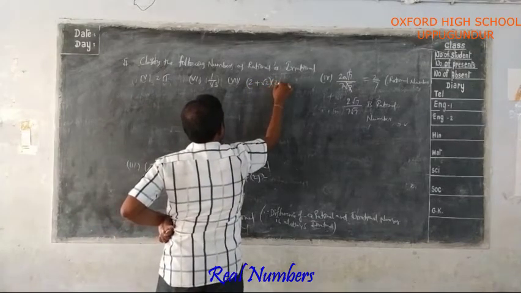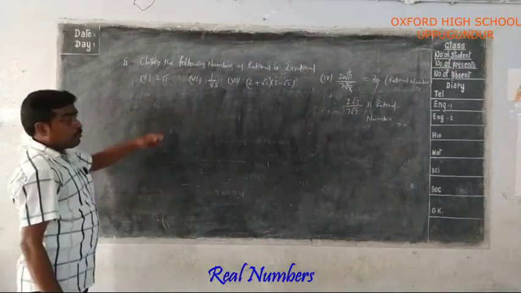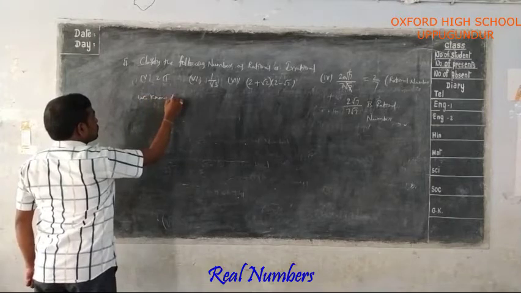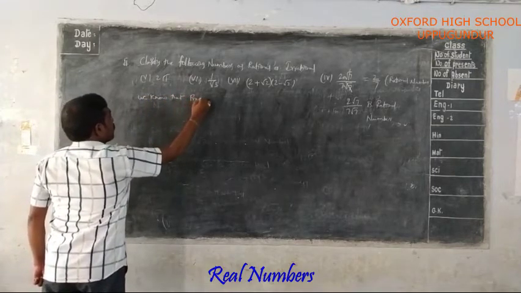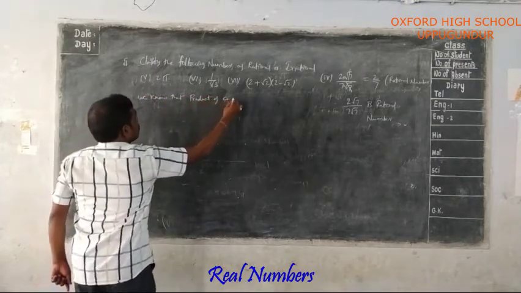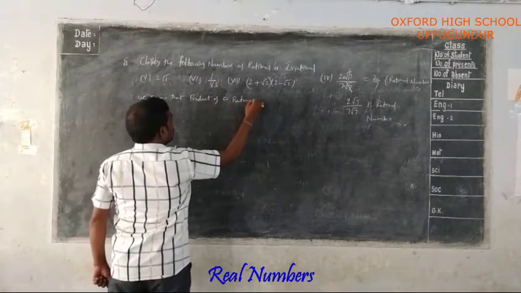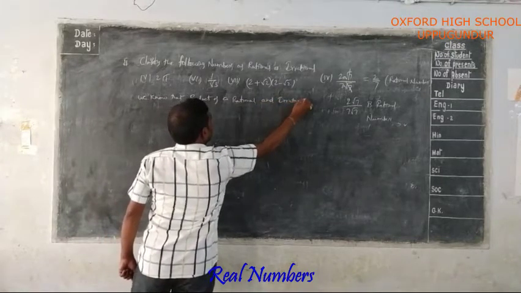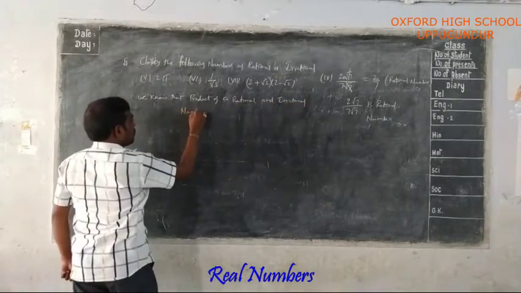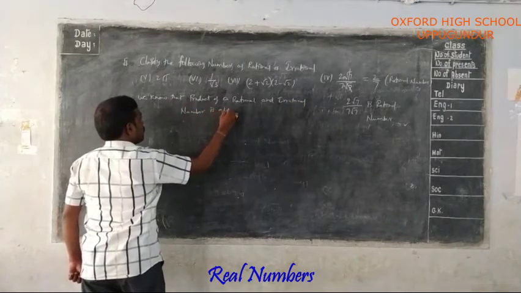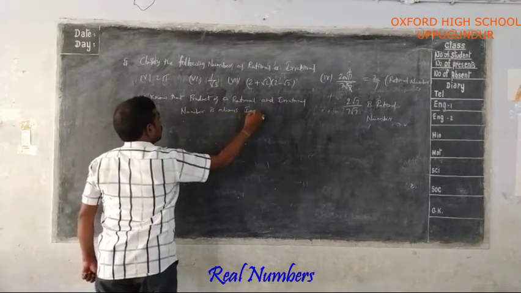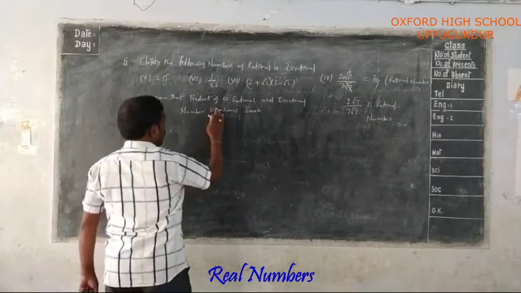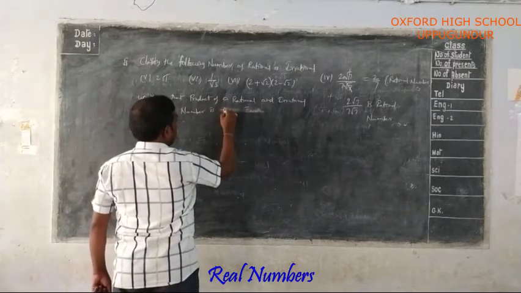So we know that the product of a rational and irrational number is always irrational.